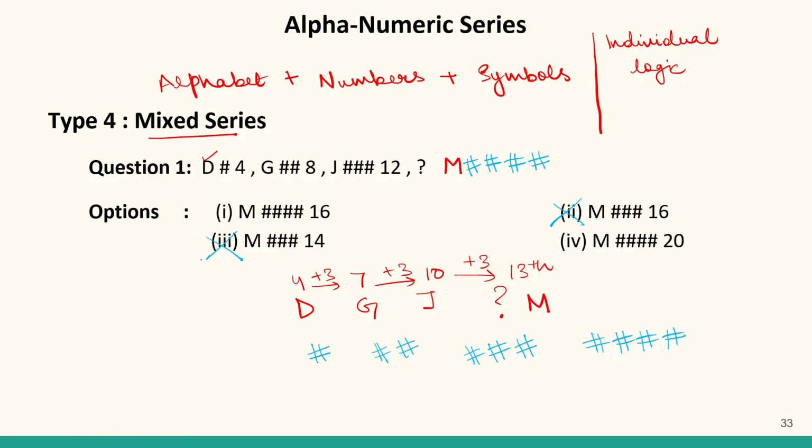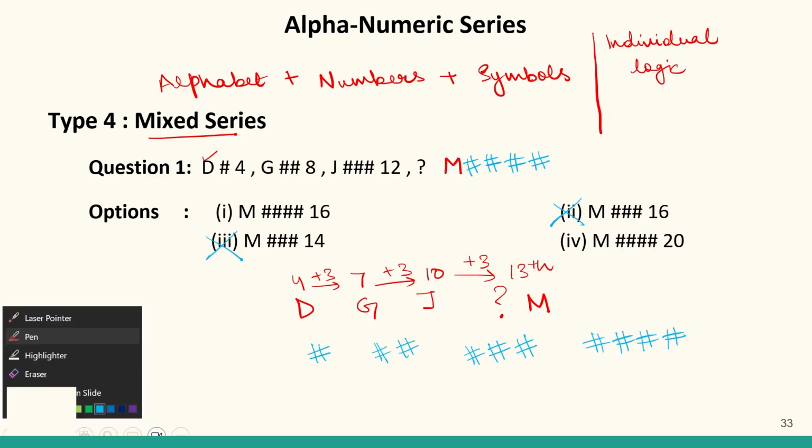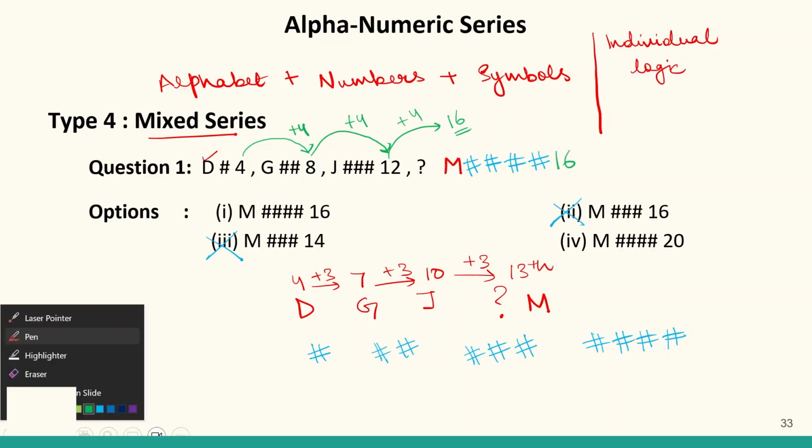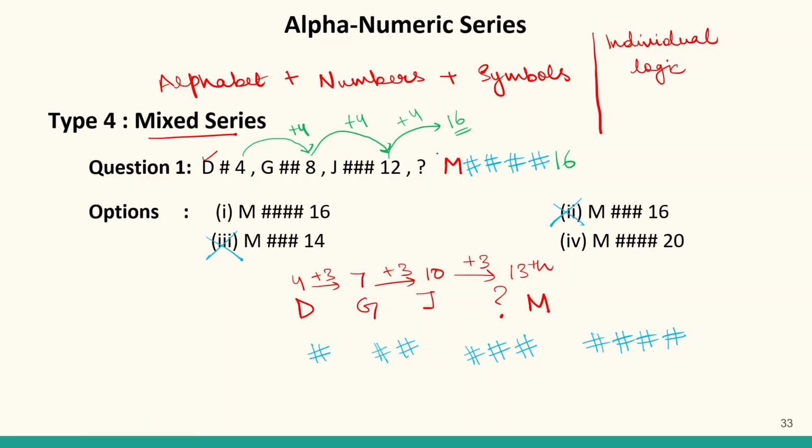Elimination approach, right? Now let us go to the numbers. In numbers, we also have to increase by 4. When we increase 12 by 4, we get 16. So the term here should be 16. So our entire term, if we put together, will be M, then 4 times the symbol, and then 16. So option 1 will be your answer.